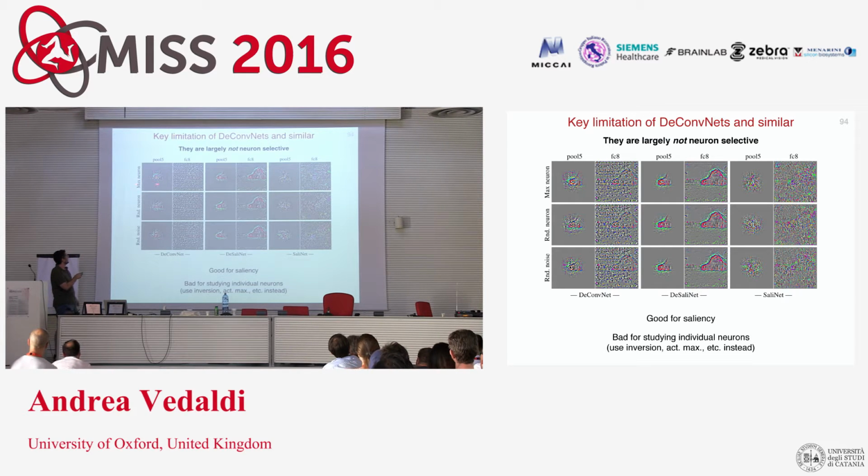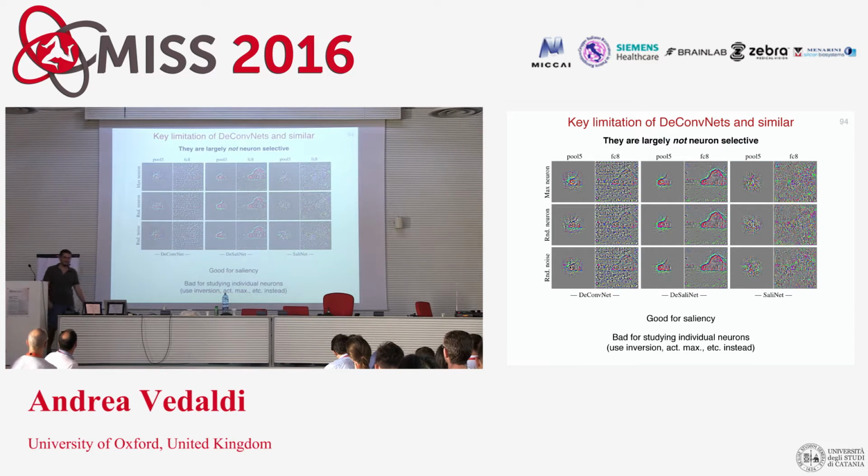So this is the neuron which is maximally activated by this original image in pool 5. This is a random neuron, and this is inverting all the neurons activated at different levels with random noise. So what do you notice here? So here we're trying to visualize the maximal neuron. Here is a random neuron, and these are all the neurons together. You get the same stuff out.